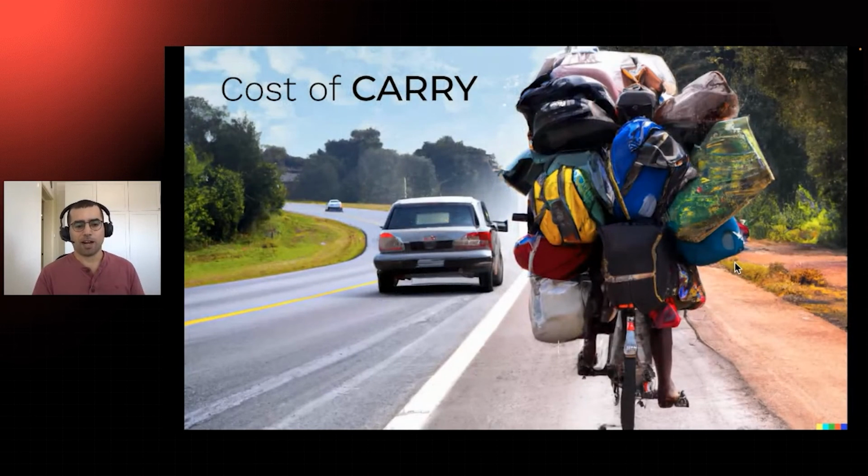The last kind of price that I want to talk to you about today is the cost of carry. The cost of carry is the cost of maintaining this feature, maintaining this piece of code for the entire time, from the moment that it was created until the moment that someone will hopefully use it in the future.